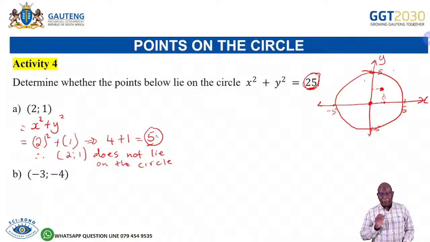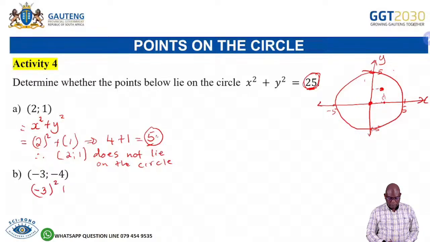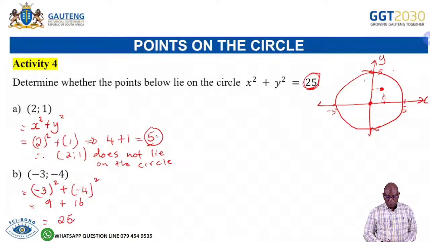Now let's check B and see if B makes sense. With B, if I say minus 3 squared plus minus 4 squared, the answer that I'm going to get is 9 plus 16, and 9 plus 16 is 25. If this answer is the same as the radius squared, remember if I square this, I get r squared, right?